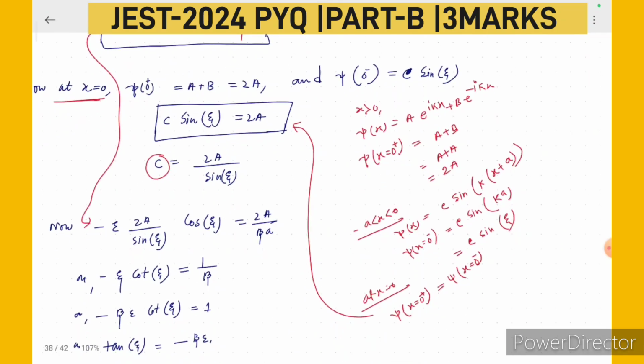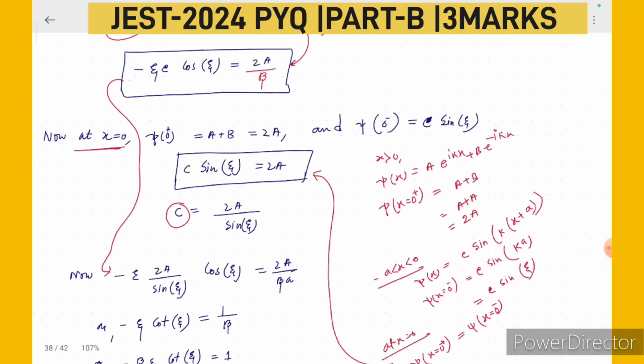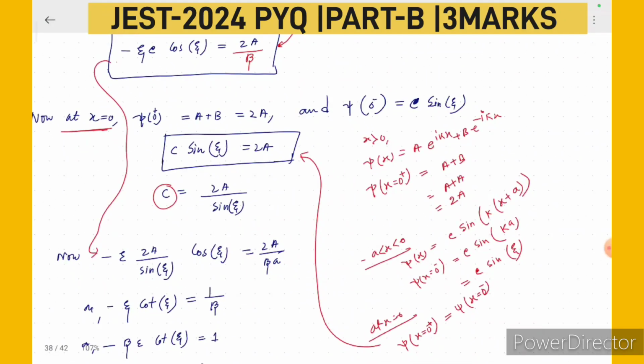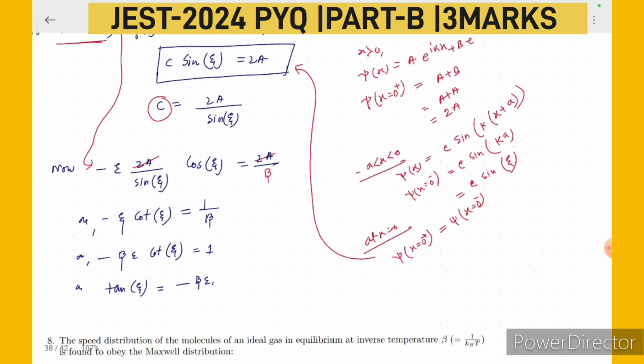So finally we get minus zeta times 2A upon sin zeta into cos zeta equals 2A upon beta. So 2A cancel each other, and finally we get minus zeta cot zeta equals 1 by beta, so cot zeta equals minus 1 upon beta zeta. So tan zeta equals minus beta zeta.